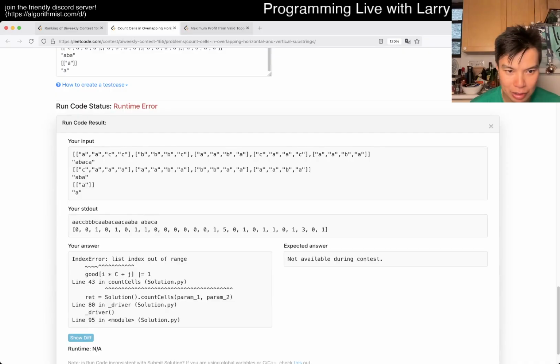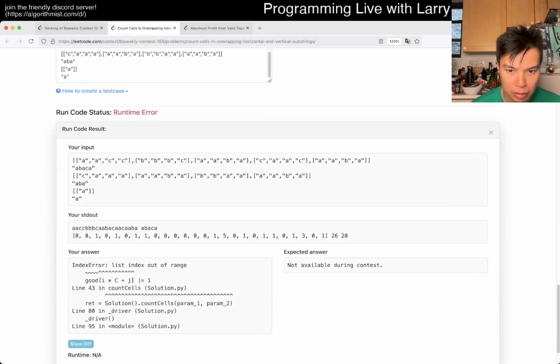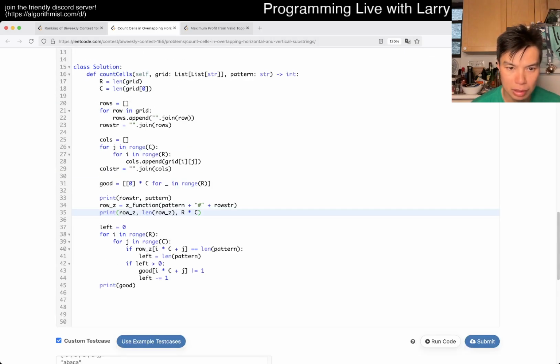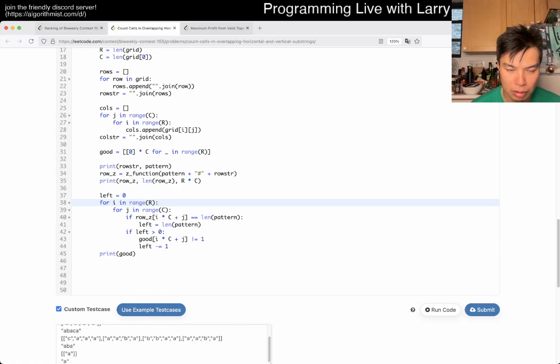Okay, so the first 5 doesn't mean it was first 6, so we skipped the first 6. So how did our bounce still? r times c. This should be right? 2620, yeah, that's what I would expect. So why is this wrong? i is equal to r.